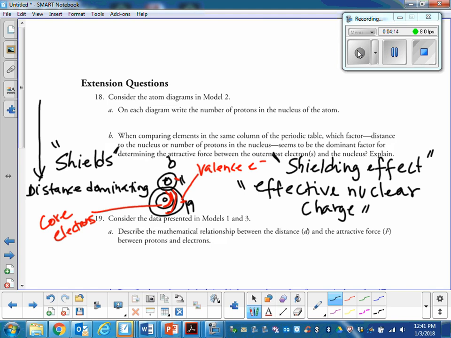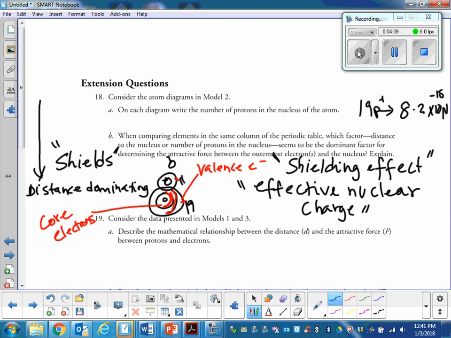Is it making sense? Are you understanding? So if I were to give numbers to explain this, say 19 protons have a nuclear force of 8.2 times 10 to the negative 18 newtons. 19 protons should have that much force.